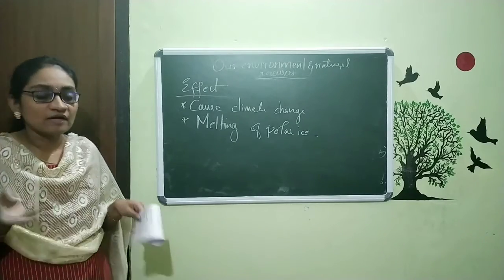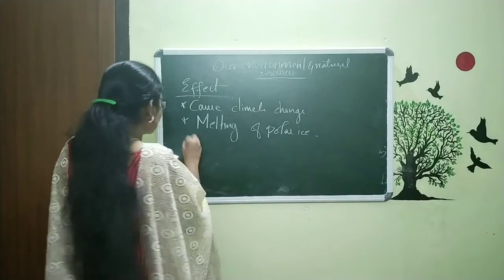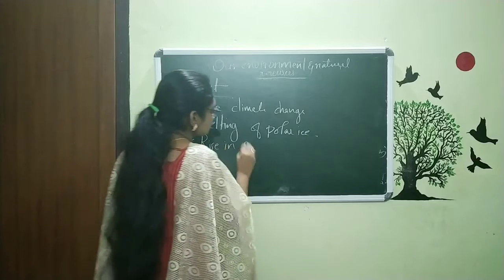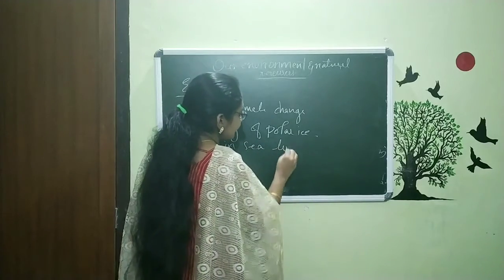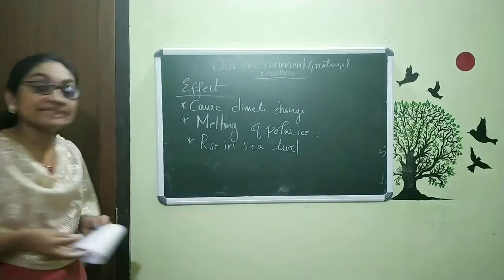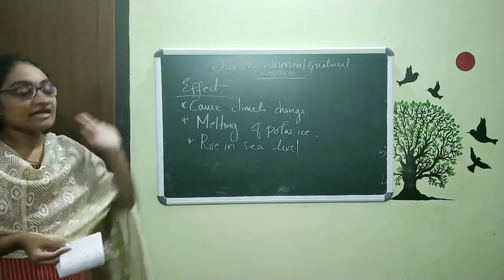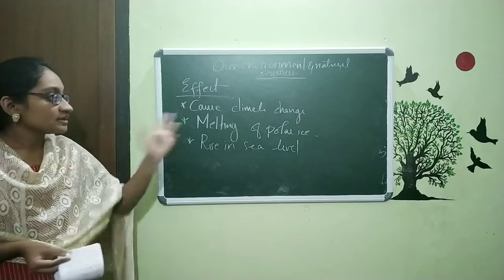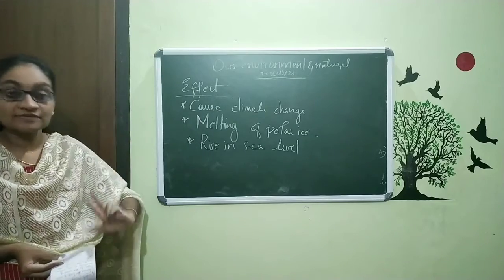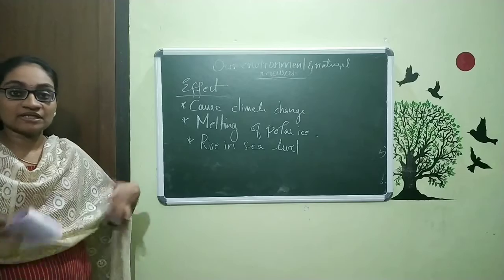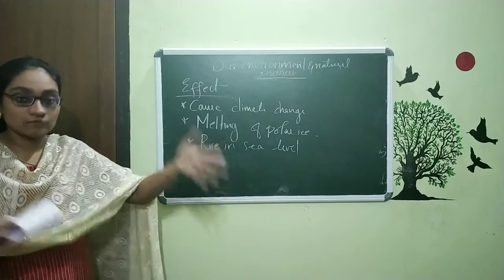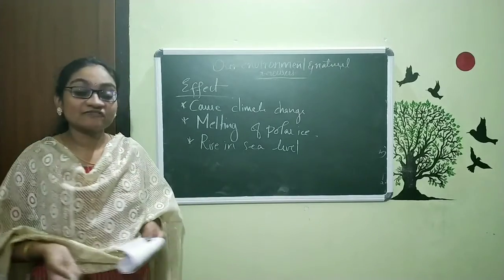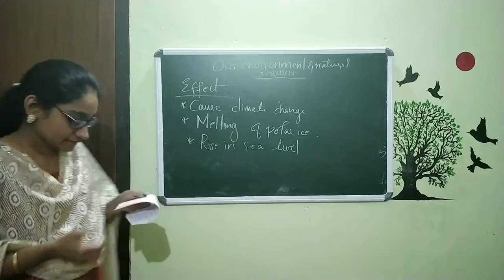This is also harmful to us. The next is rise in sea level. So the effect of global warming is this: it causes climate change, then melting of polar ice occurs, so the water increases inside the sea and ocean, and so there is a rise in sea level. These are all the effects of global warming.